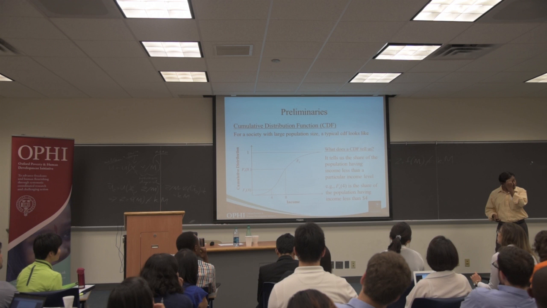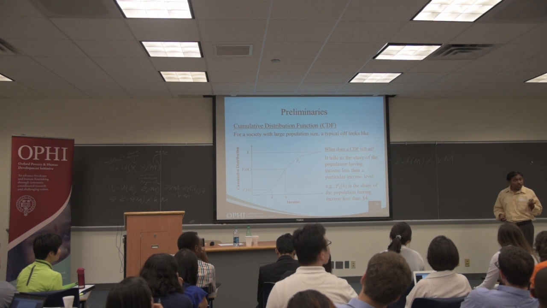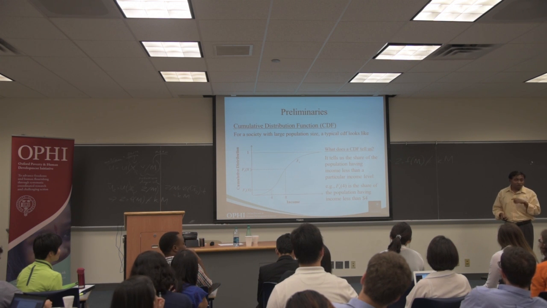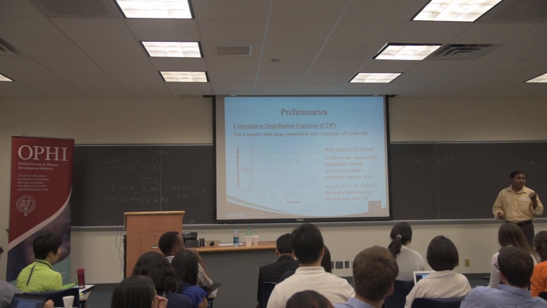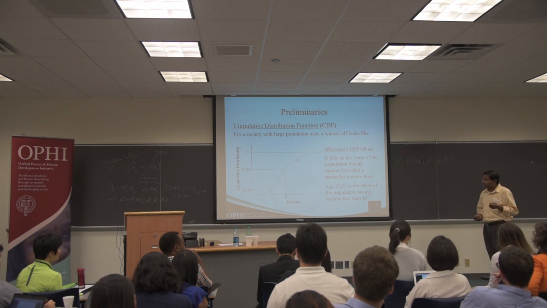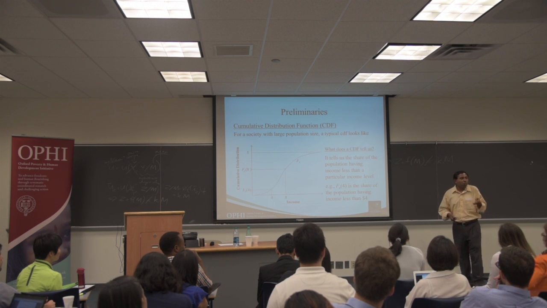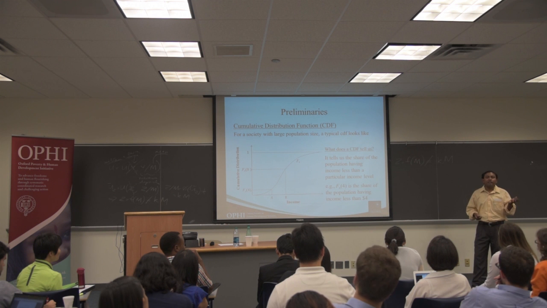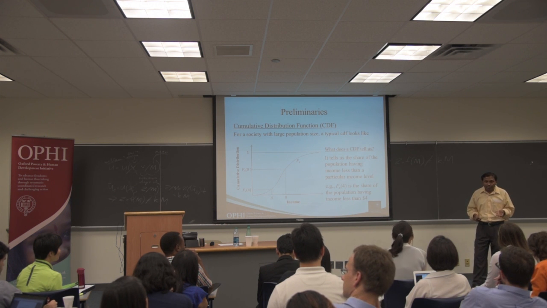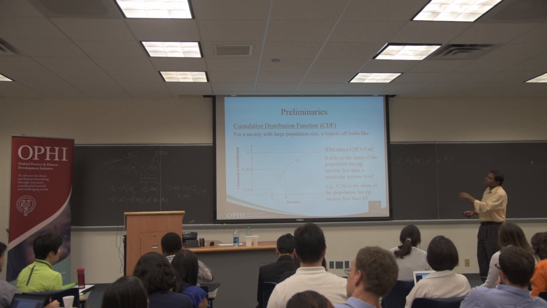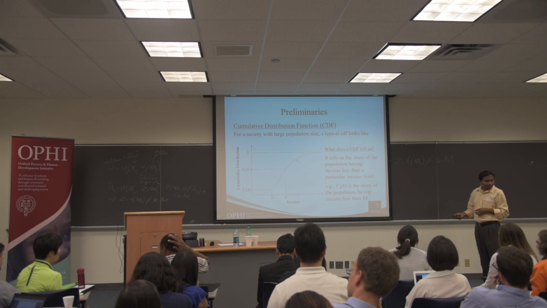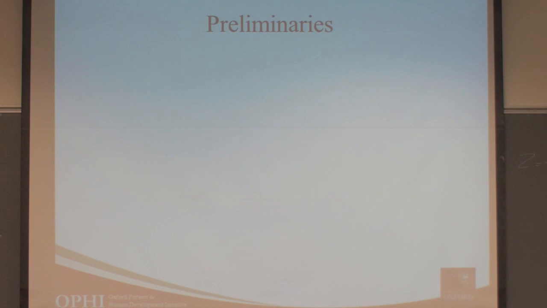And you will see how this idea can be linked to the headcount ratio. When you talk about headcount ratio, and you have definitely heard the name, Martin just presented, headcount ratio is the same thing. What fraction of the population has income less than $1.25 a day, right? So you plot this distribution, and you just look at them. Great.